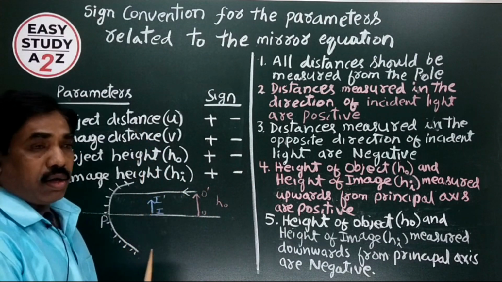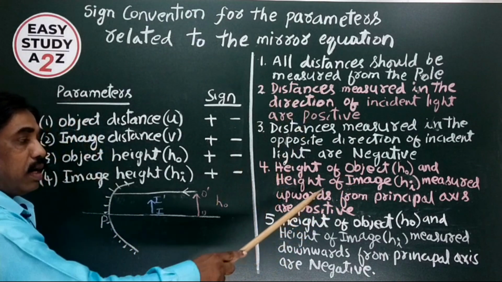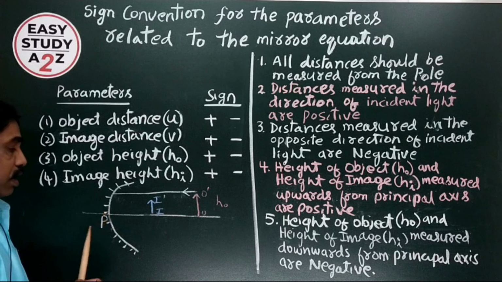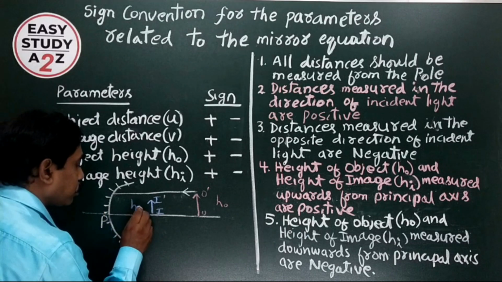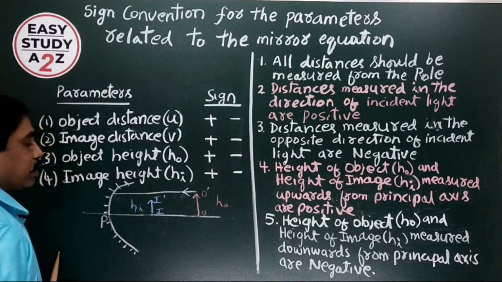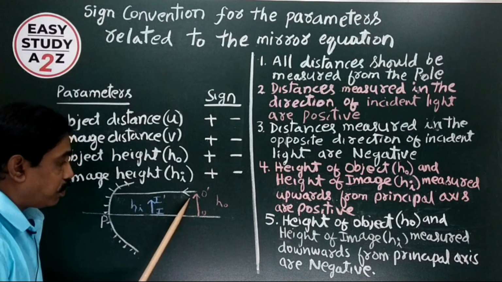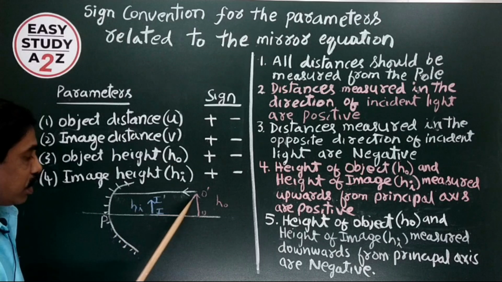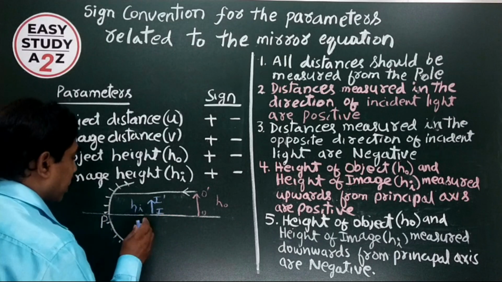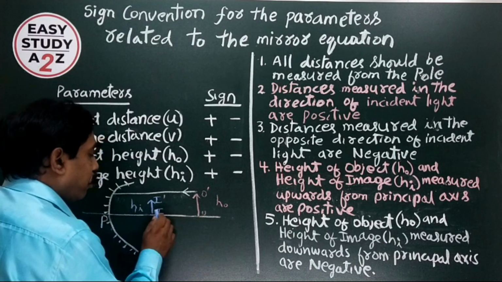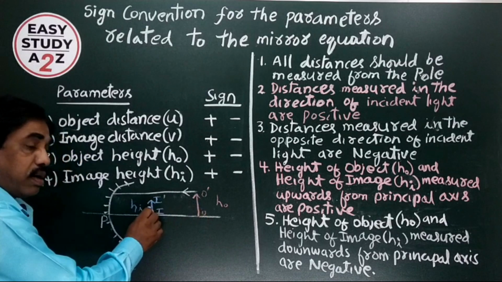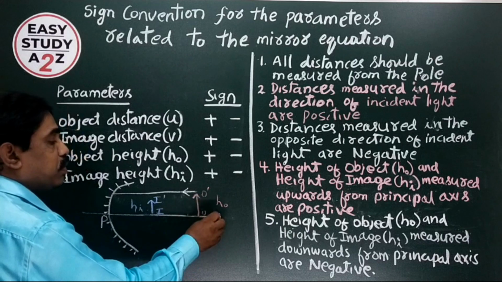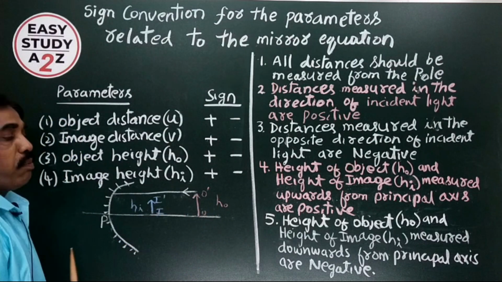Coming to the height of the object and height of the image. So this is the height of the object and this is the height of the image. Now the height of the object and height of the image measured upwards, perpendicular to the principal axis, should be taken as positive.